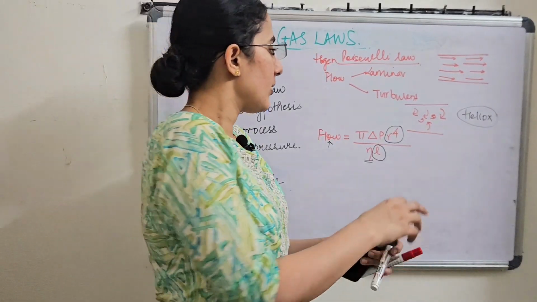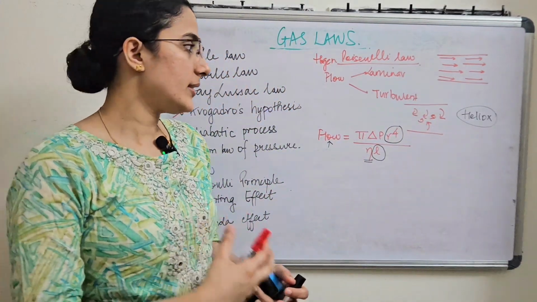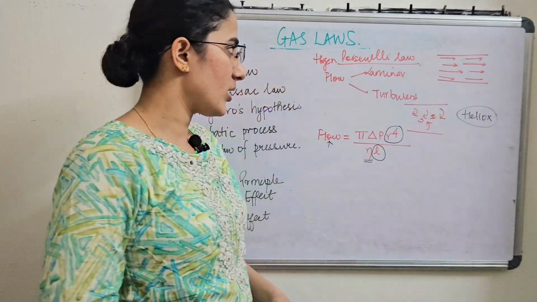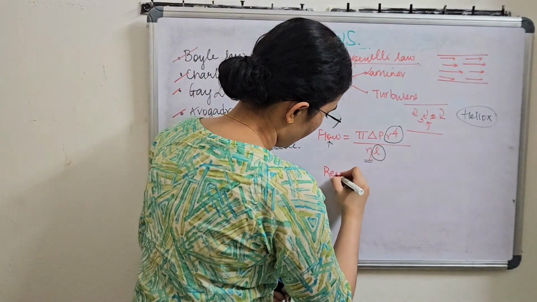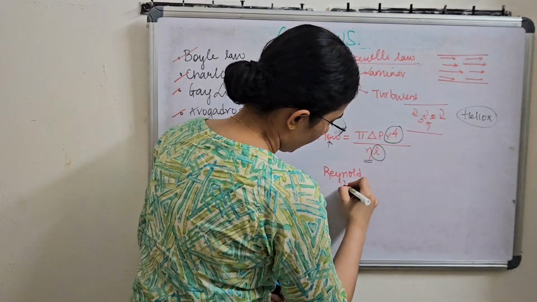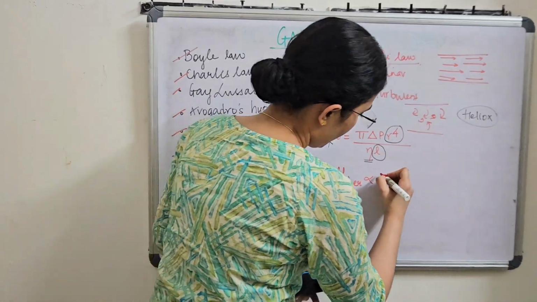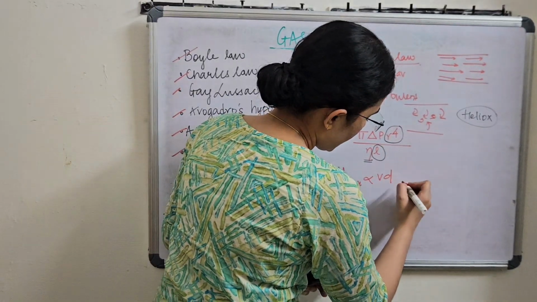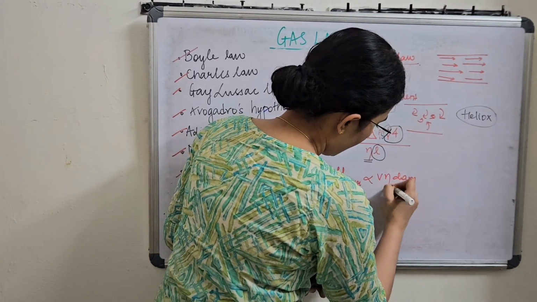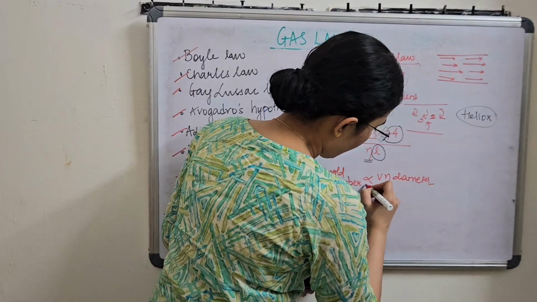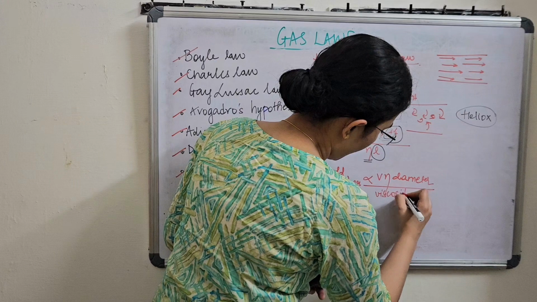So after this, we will come to turbulent flow. When we see a turbulent flow, many eddy currents are produced. What differentiates laminar from turbulent flow is the Reynolds number. The Reynolds number is directly proportional to the velocity, the density and the diameter, and inversely proportional to the viscosity of the fluid.